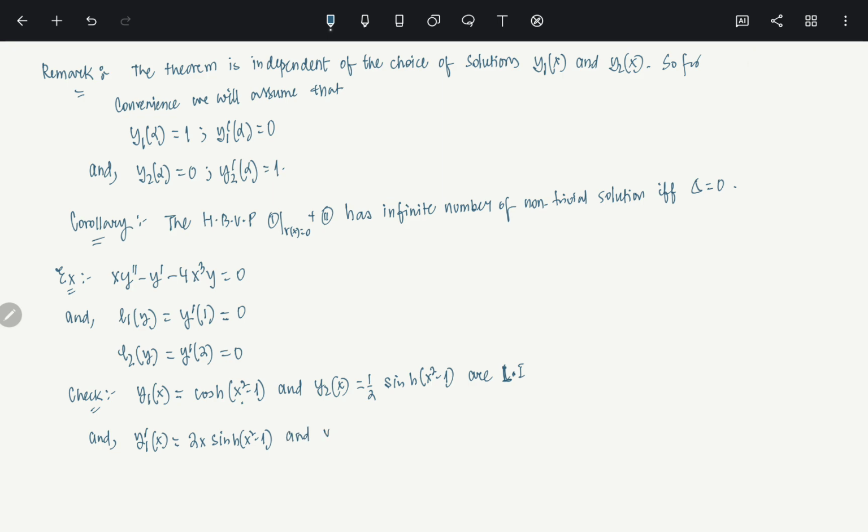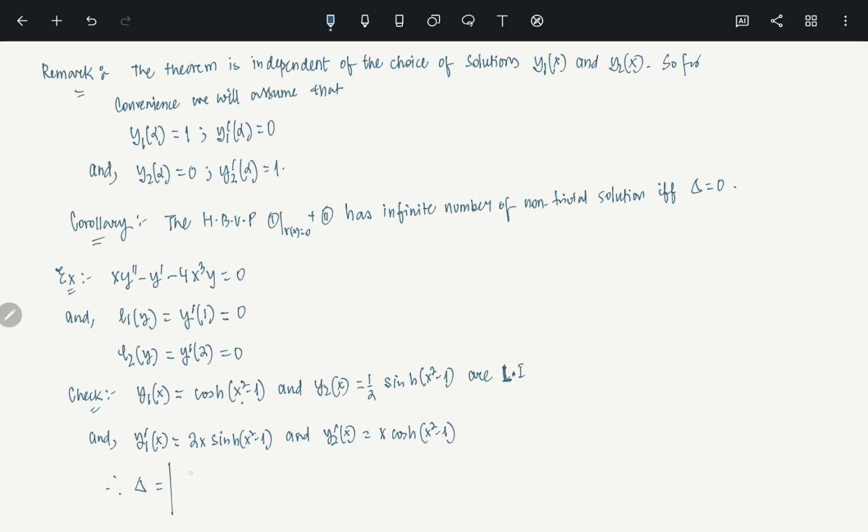And y2 prime of x will look like this: 2x times half, so x cosine hyperbolic of x square minus 1. Now the data is given that y prime at the point 1 is 0, so this will imply y1 prime at the point 1 is 0. So we'll put those data here. Therefore, what is delta?